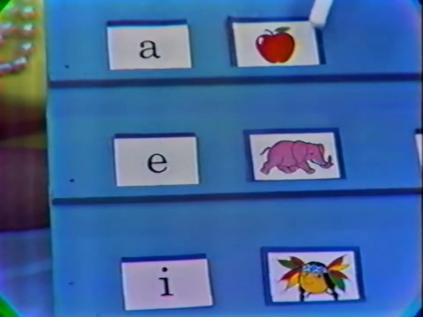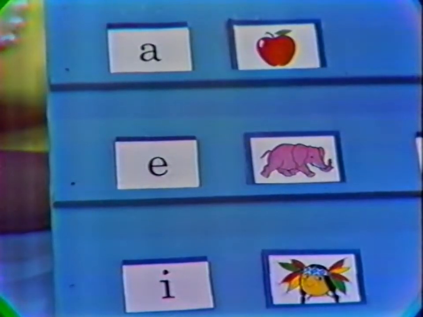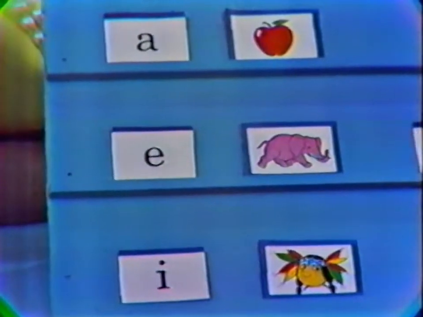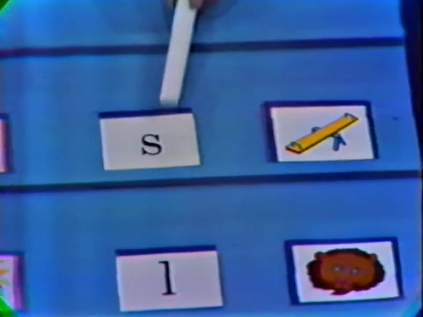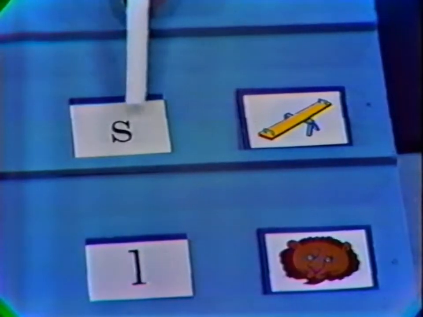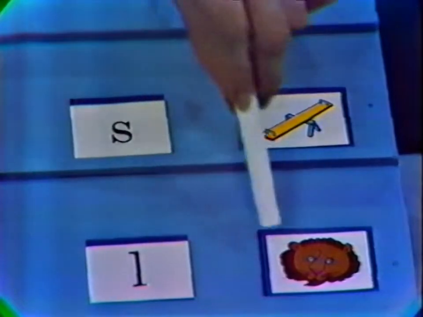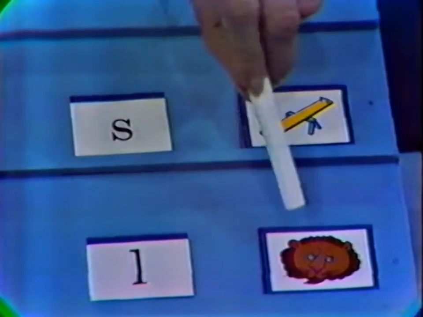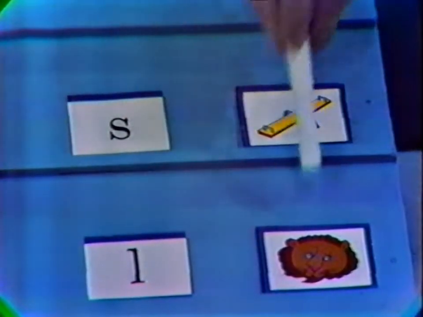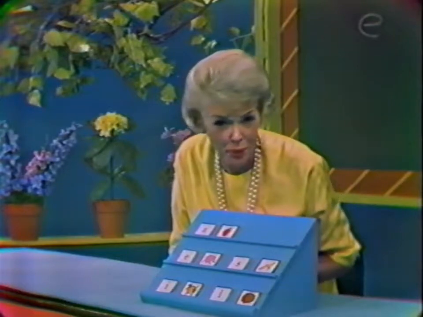In apple, elephant, and Indian, begin the word to find the clue. The clue to S is in the seesaw. Seesaw, seesaw. The clue to L is in the lion. Lion, lion.